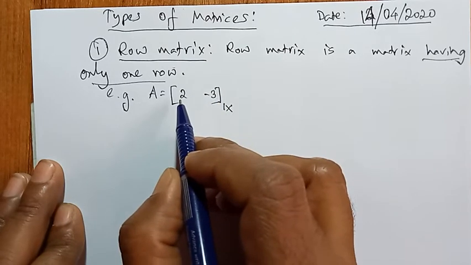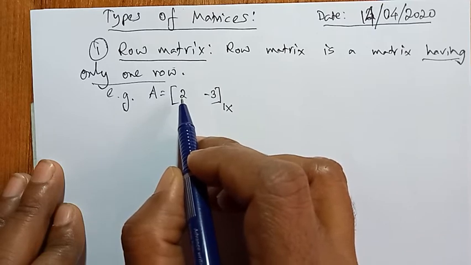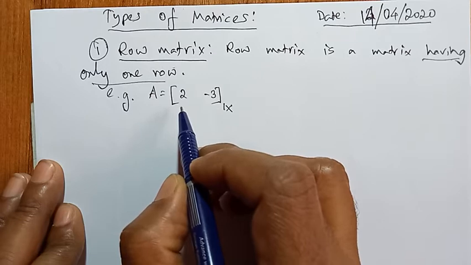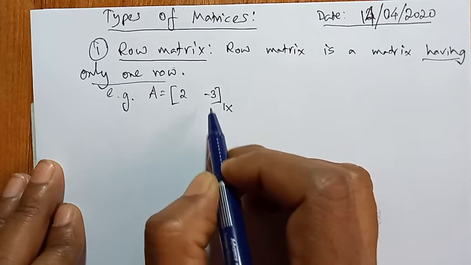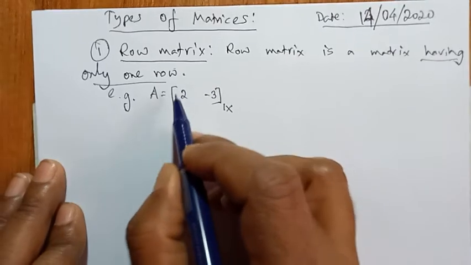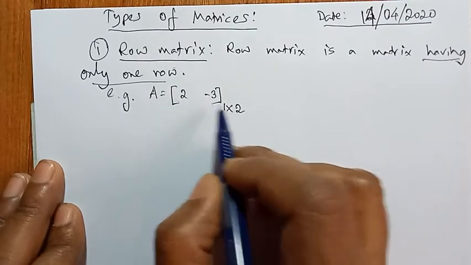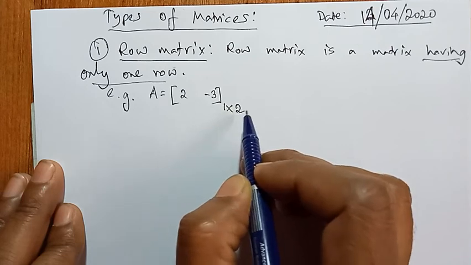The first element is 2, lying in the first column, and the next element is minus 3, lying in the second column. So this matrix has 2 columns. So this is a matrix of order 1 by 2.